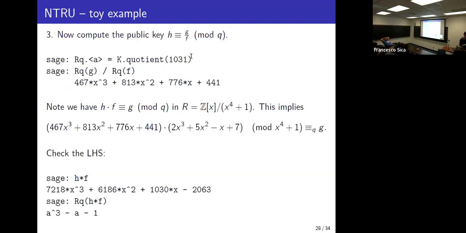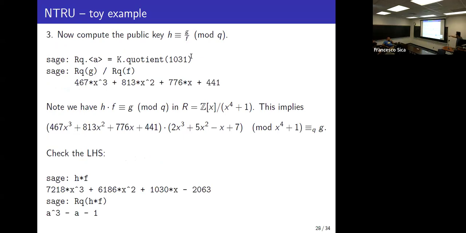It could be binary. And then the main trick is if I compute h equals g over f, you can see that g is small and f is small, but if I divide them out, somehow the coefficients become large compared to the underlying modulus q, which is about 1,000. And that's really where the hardness comes from.